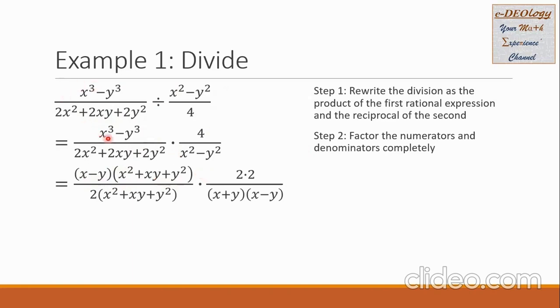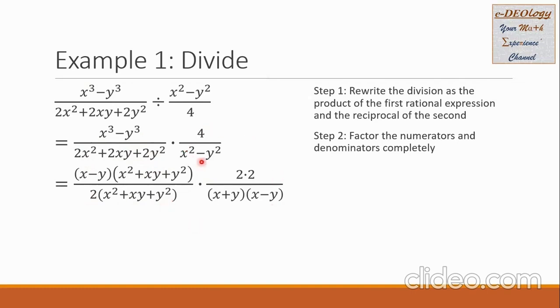If you are not familiar with the factors of these 2 cubes, please check again our video about factoring of 2 cubes. In the denominator, there is a greatest common factor of 2, so we move the common factor out. So what remains in the trinomial is now x squared plus xy plus y squared.